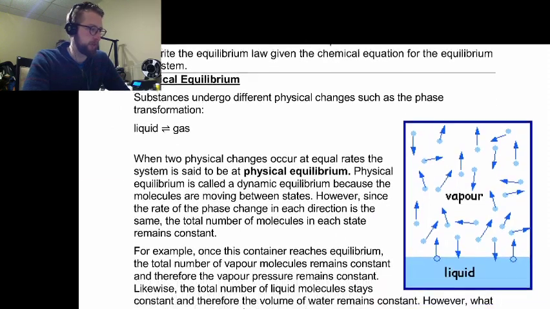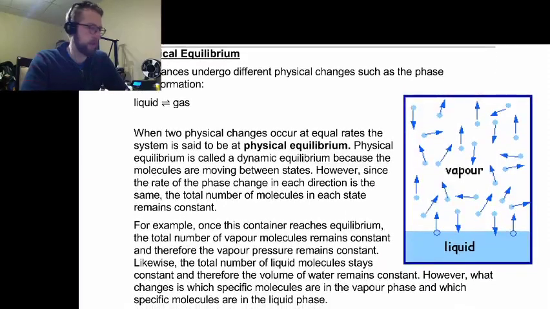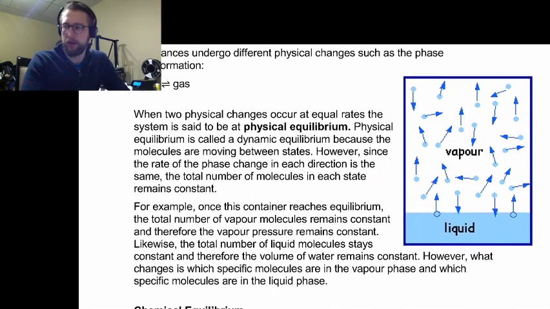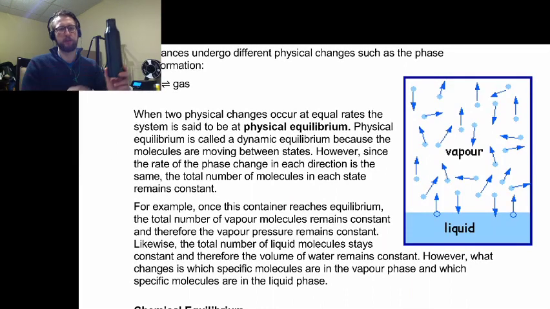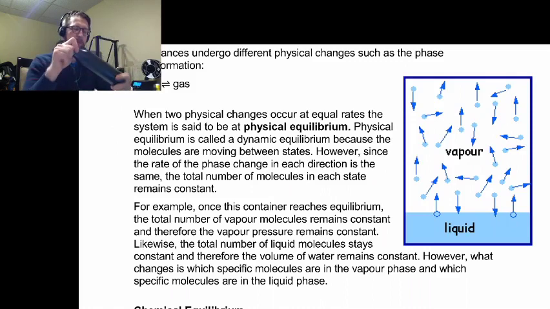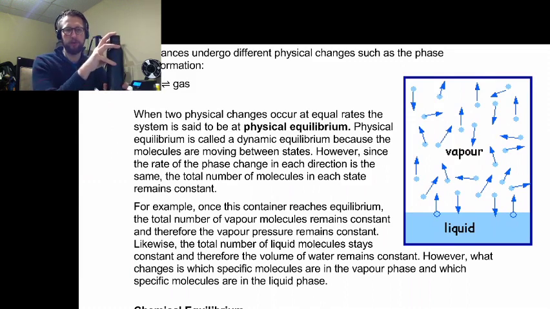So in the case of a physical equilibrium, substances are undergoing physical changes like phase changes, liquid to gas, gas to liquid, and those two physical changes are occurring at similar or identical rates. So whenever I have this sort of sealed container of water, there's a certain amount of water in there, and a certain amount of water vapor in there.